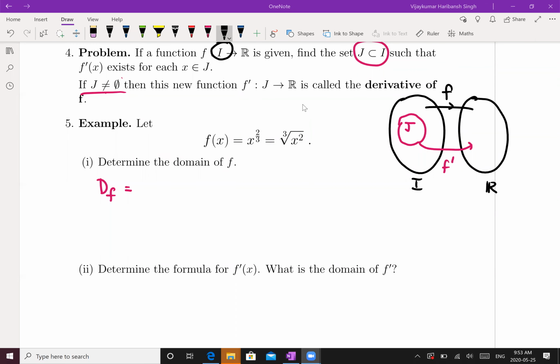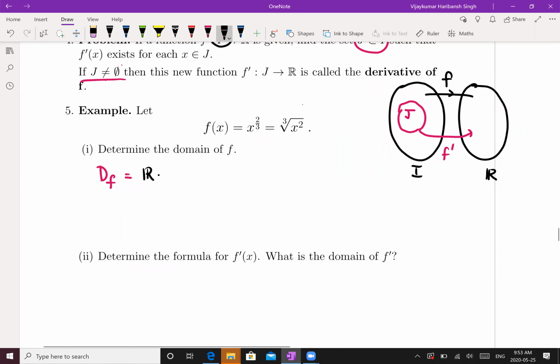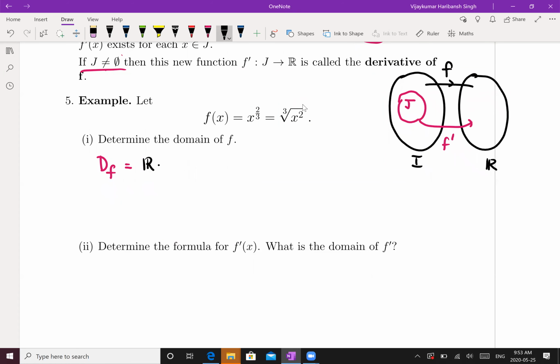And then taking cube root of a number is, no matter what your number is, cube root is always well defined. So you get that the domain of this function is all real numbers. Now, determine the formula for the derivative of this guy. So let's work on that.